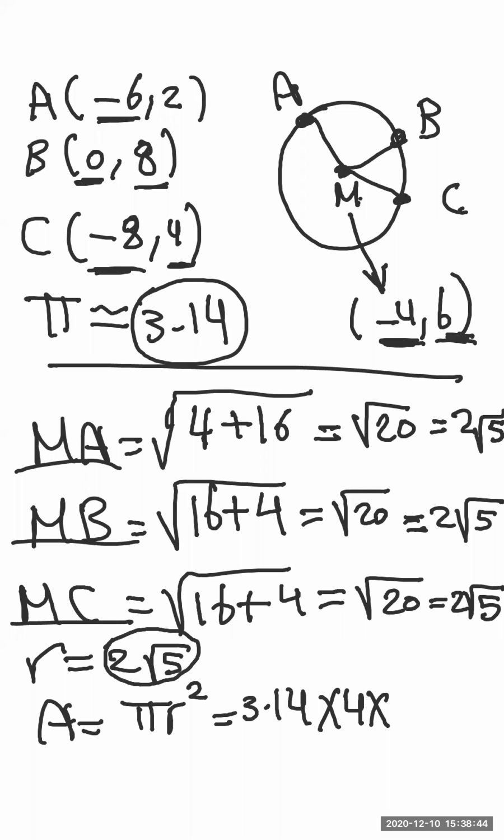Square root of 5 squared means 5. So using the calculator to get the result, it will equal 62.8 square units. Okay, guys, are we clear? Yes, Mister. Okay, very good.